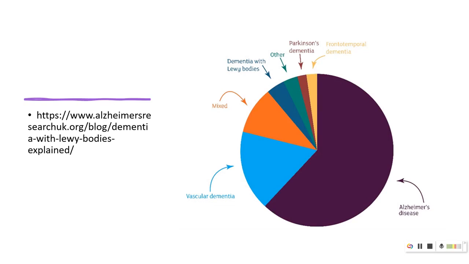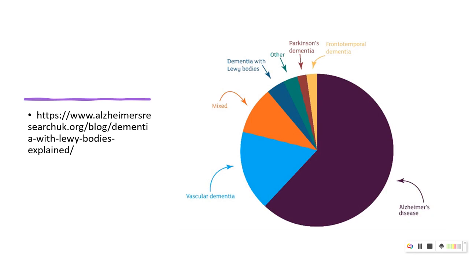Okay, so here's this little dementia pie that gives you a visual of the significance of the different diseases. We have Alzheimer's disease, which is one of the most common types of dementia. Then vascular dementia is the next one, in the lighter blue.